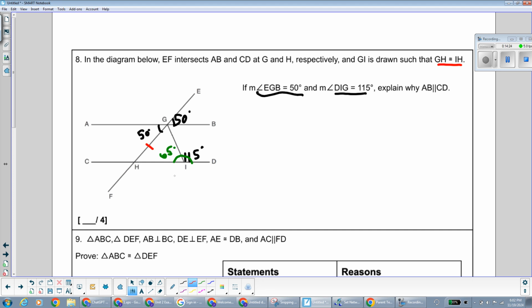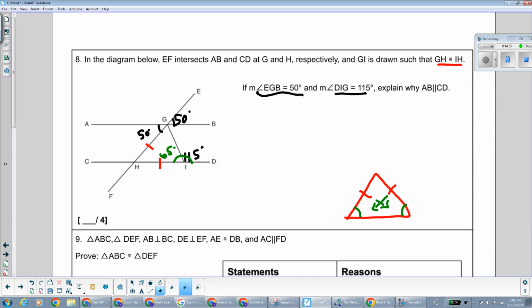It's not there just for practice marking the diagram, but even though you should mark it in the diagram, it's there because that given tells us that this triangle over here is an isosceles triangle. And when a triangle has two equal sides, we know, due to the isosceles triangle theorem or the base angle theorem, whatever you want to call it, the angles opposite those sides are congruent.